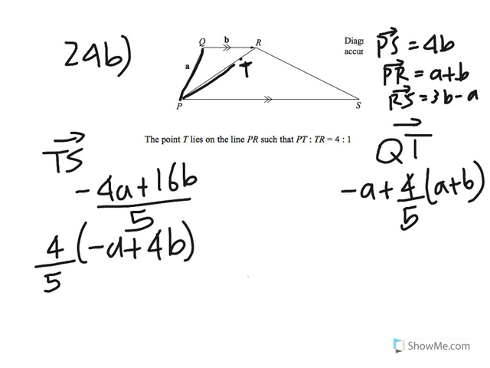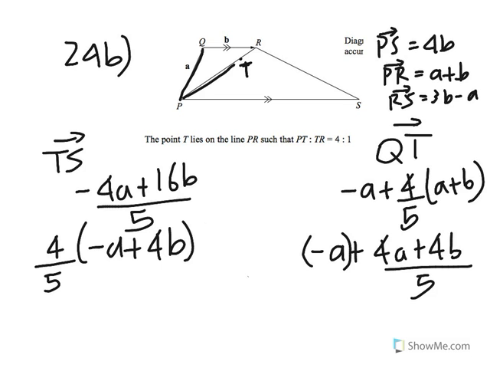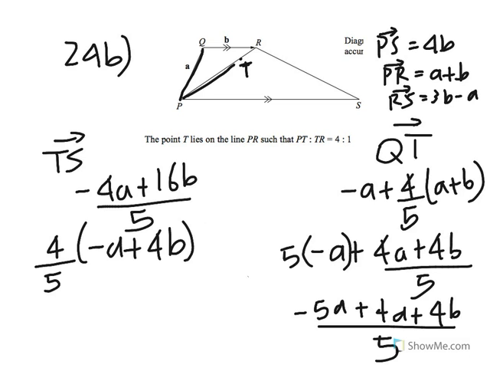Now we're going to work with QT over here. So what happens is it's minus A plus (4A plus 4B) over 5. We multiply this negative A by 5, and what we're going to get is (negative 5A plus 4A plus 4B) over 5.